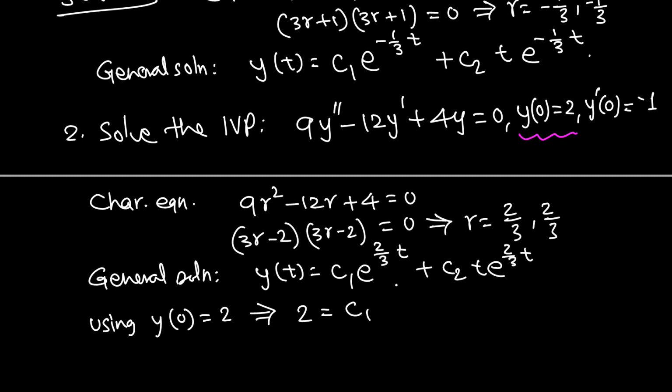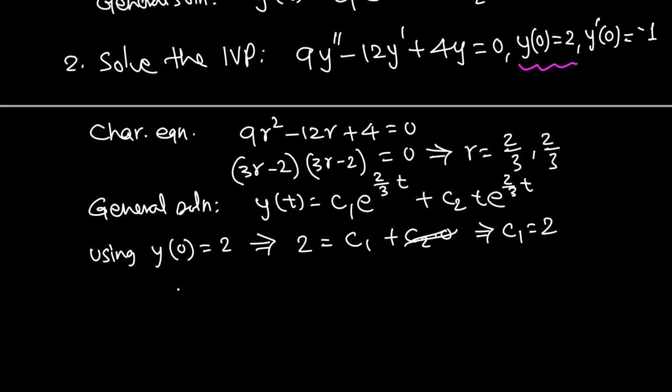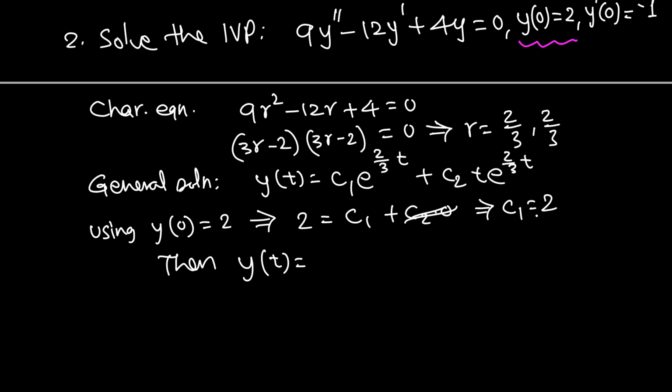So c1 times 1 is c1, plus c2 times t, and t is 0, so this is 0. So c1 is 2. Now we can update this solution. So y is in fact 2 e raised to 2/3 t plus c2, to be determined, t times e raised to 2/3 t.